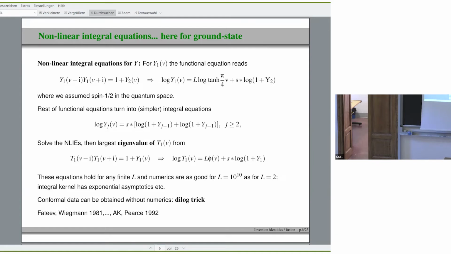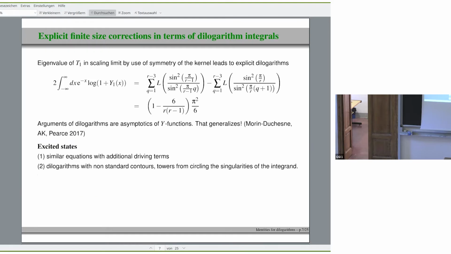That can be done, but for the finite size data, you don't need to do the numerics. The so-called dilogarithm trick is enough, and by this trick, you can express for the 1 over L terms the necessary integral to do. This you will probably somewhat recognize as the integral that appeared before, except that the kernel is replaced by an exponential.